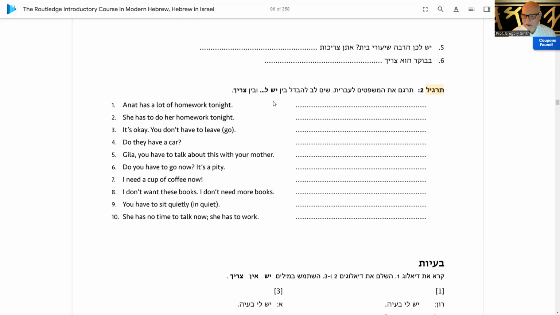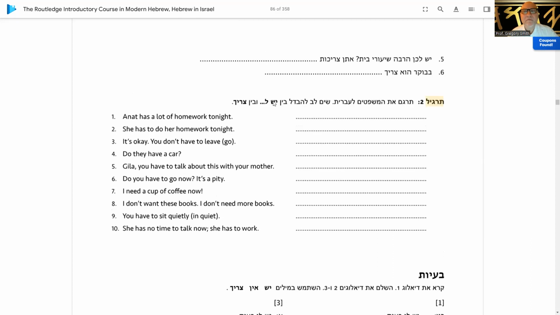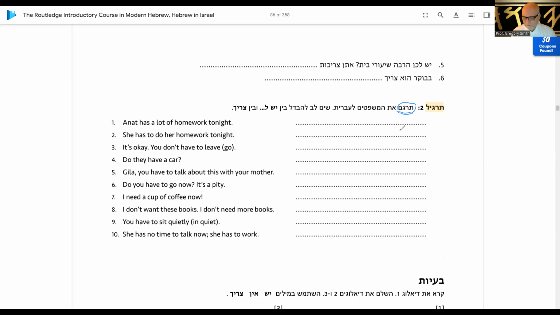Okay, so tirgem, that's what this is here. Well, this is translate. Okay, so translate. Mishpatim, these are the sentences, l'ivrit.